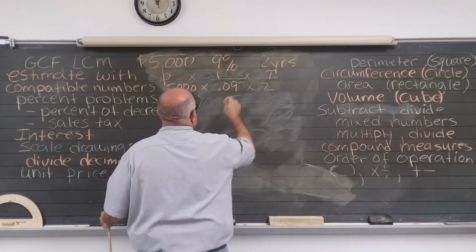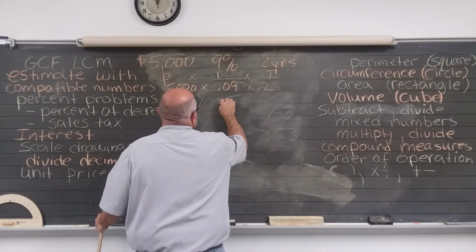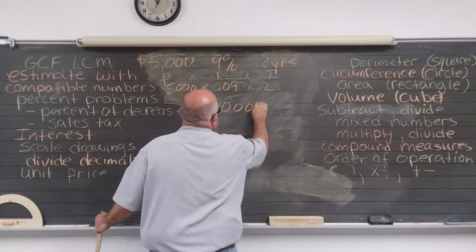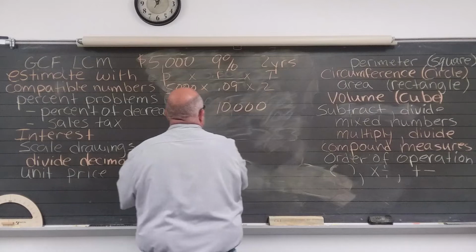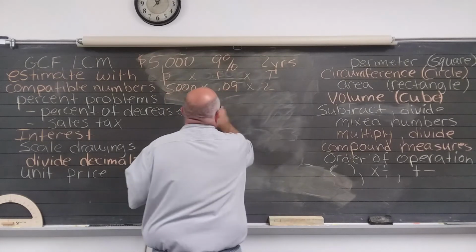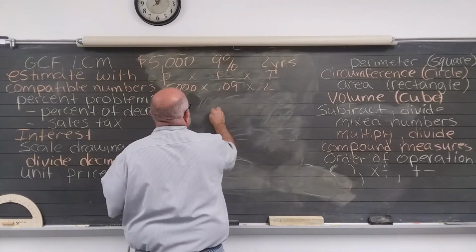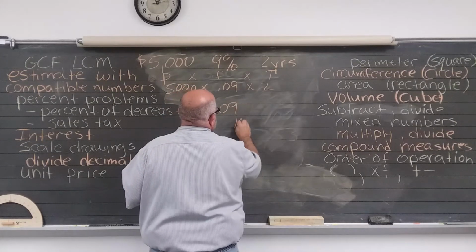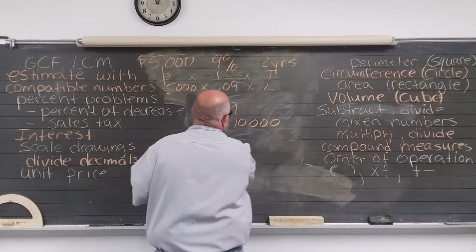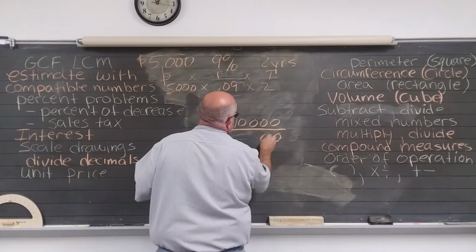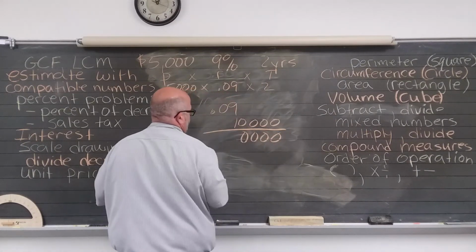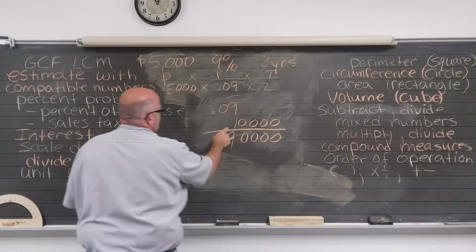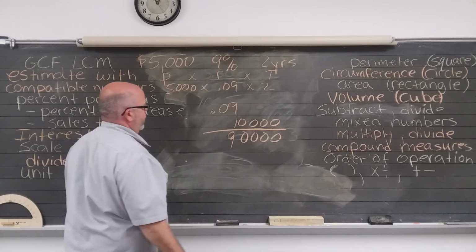10,000 times 0.09. 0.09 times 10,000 is going to give you 900, right? 9 times 1 is 9, you don't have to put that 0 there, all right?